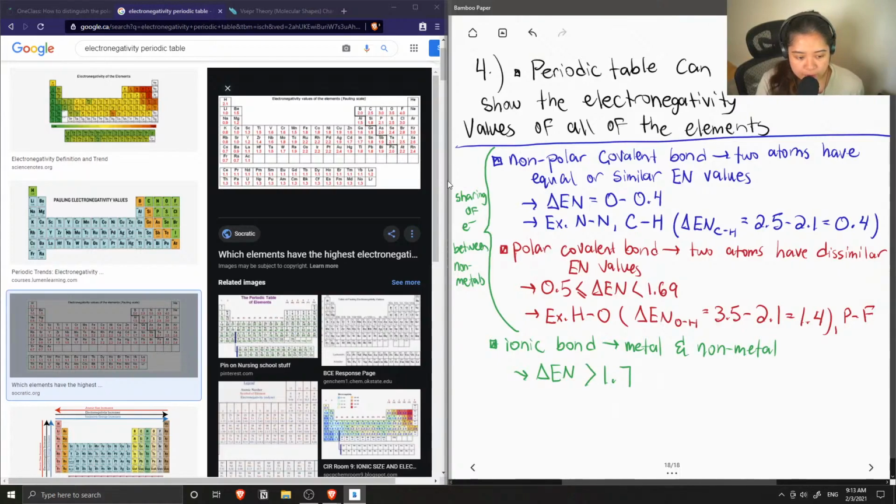An example would be potassium and fluoride. If we calculate their difference in electronegativity, fluorine has an electronegativity of 4, and potassium's is only 0.8. So the difference between the two is much greater. It's 3.2.